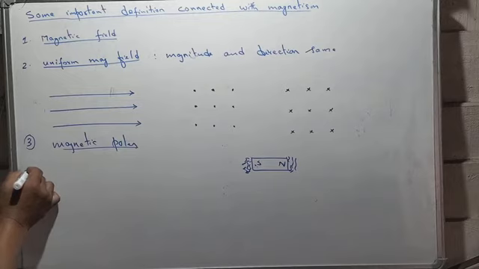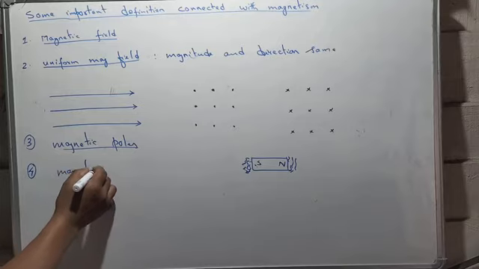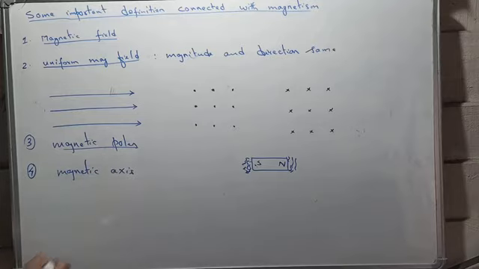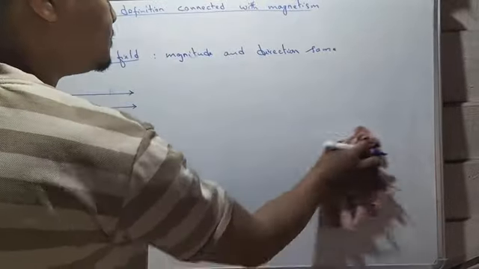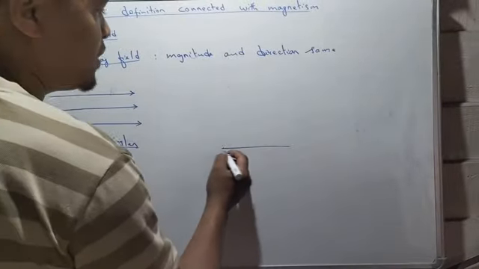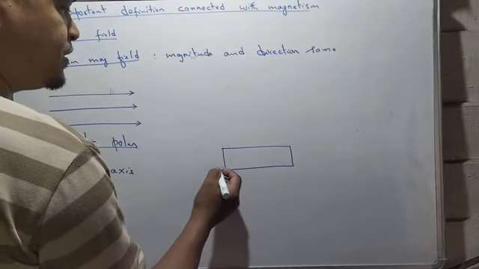And the fourth definition is magnetic axis. So what is a magnetic axis? If you have a magnet, consider it in this way.